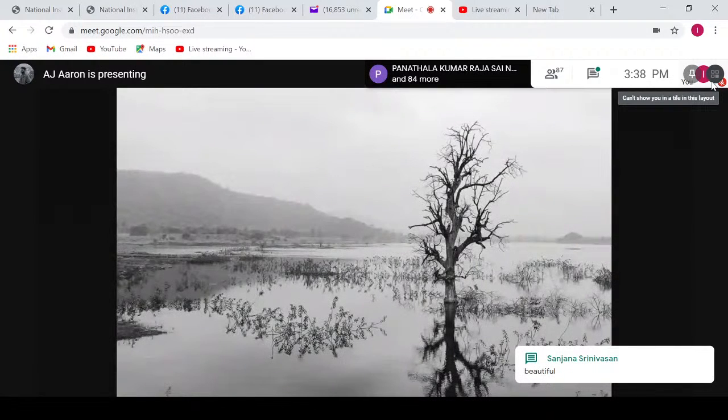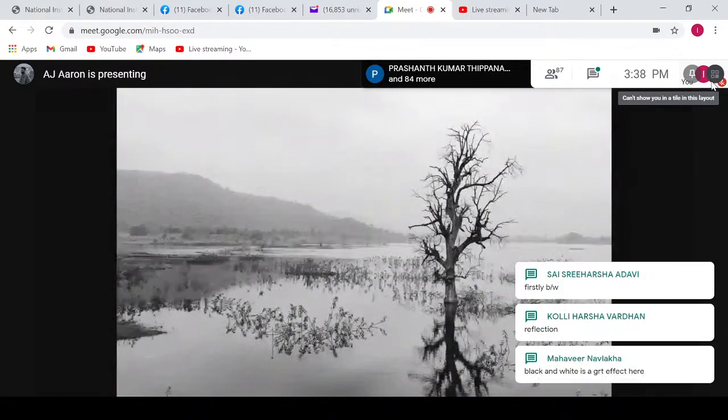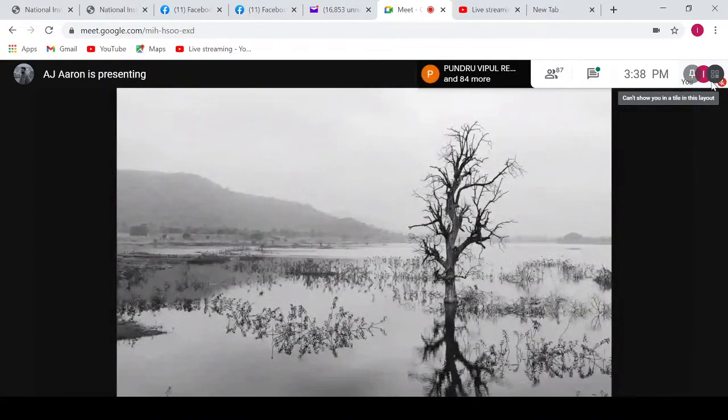Do you guys think it's interesting? If yes, then why do you think it's interesting? Let's talk about all the elements. The elements of color, elements of composition, color contrast, tonal contrast, anything. And if anybody wants to unmute their mic and ask some questions, you're free to do it.